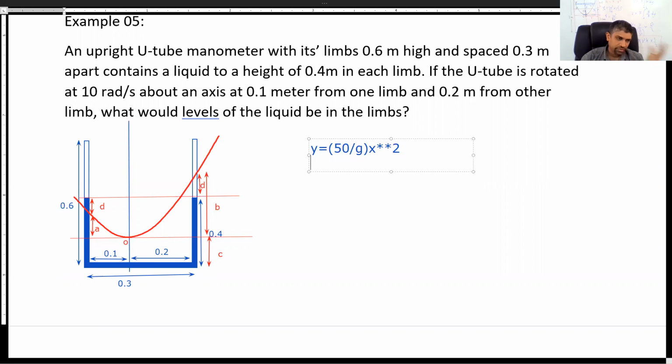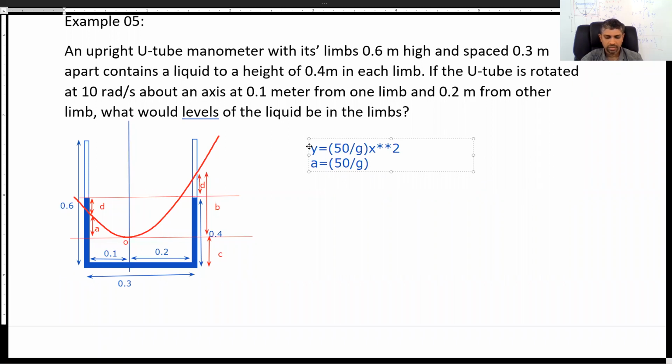Right? If you apply it for the left hand side column, y is A, y is A equal to 50 divided by g. We know the value of g.